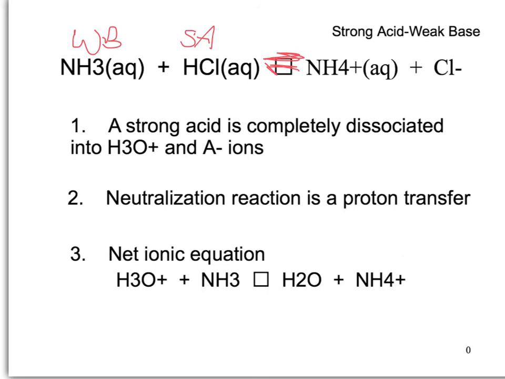So when the neutralization takes place, it really is just a proton transfer from the proton donor HCl to the proton acceptor ammonia, which will give you NH4 plus ammonium ion. And so the net ionic equation can be written as hydronium plus ammonia, giving you ammonium and water. We are writing this as hydronium again because everything is run in water as the medium.